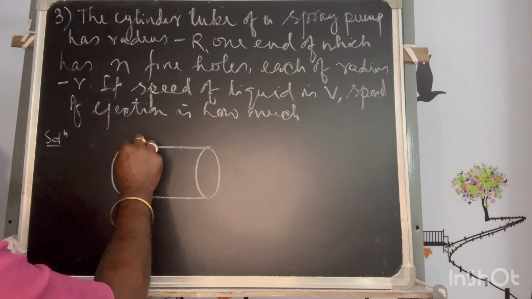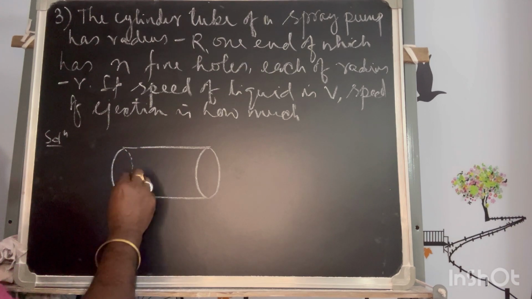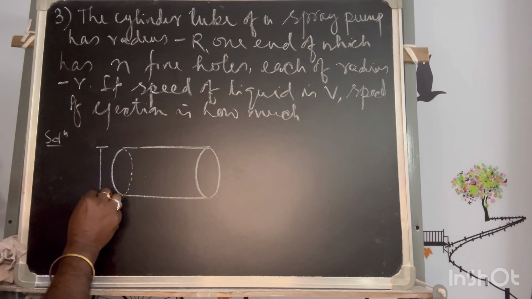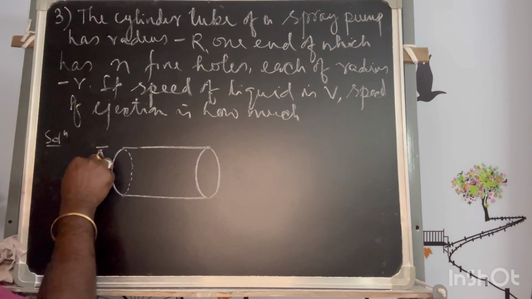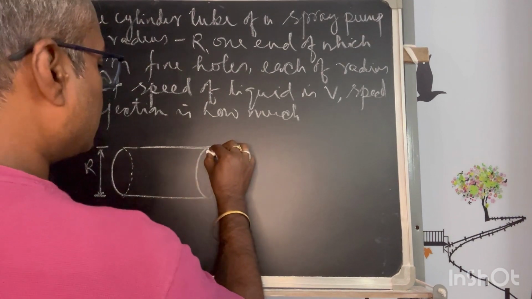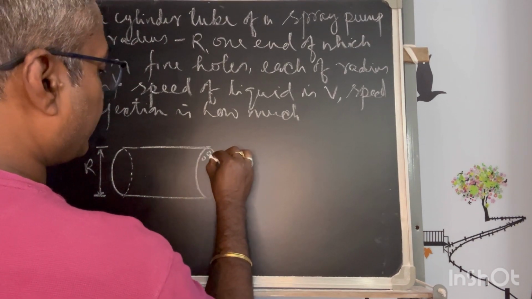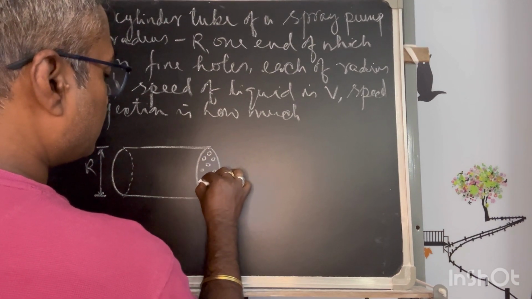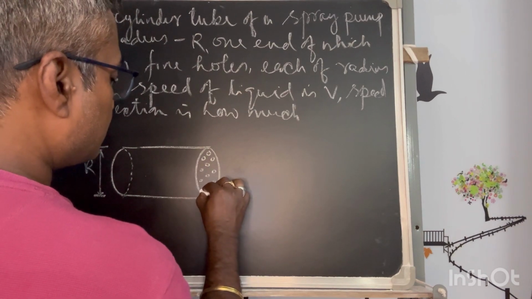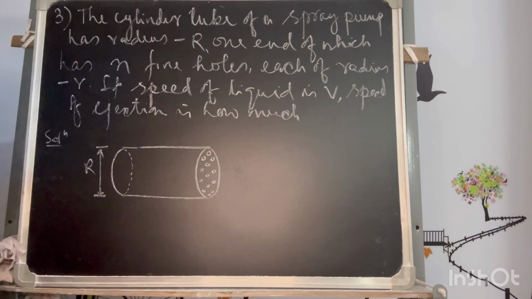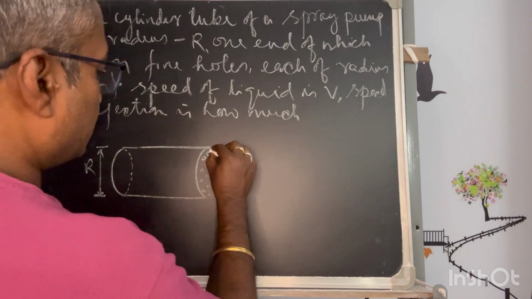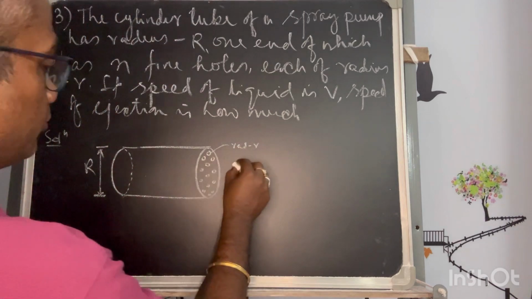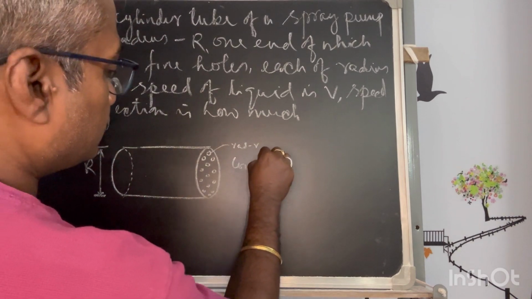One side has a radius, capital R, and there are small fine holes on the other side, each of radius small r. And the count of holes is equal to n.